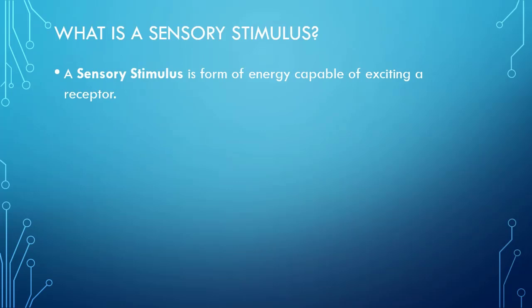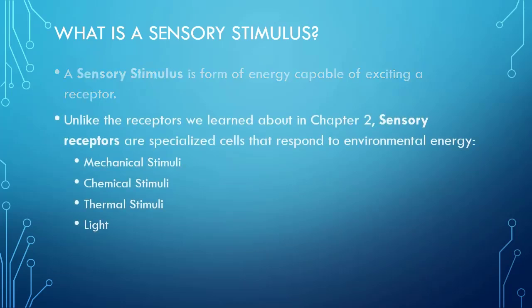Starting from the most basic definition, a sensory stimulus is just some kind of energy that can activate a receptor on some neuron in the body. When we're talking about these sensory receptors, they're not quite the same, and you're going to see this.